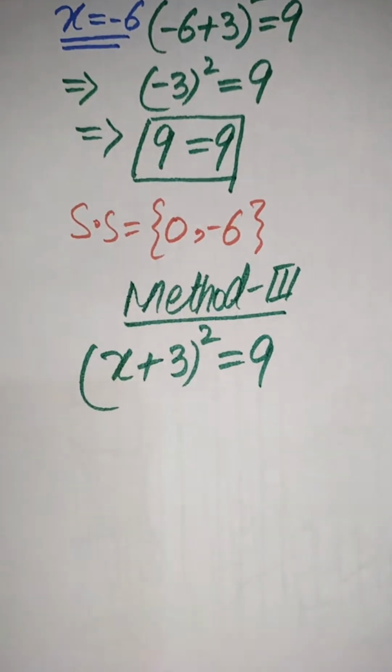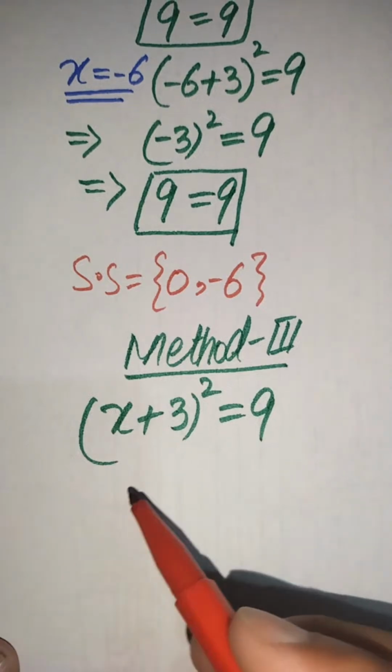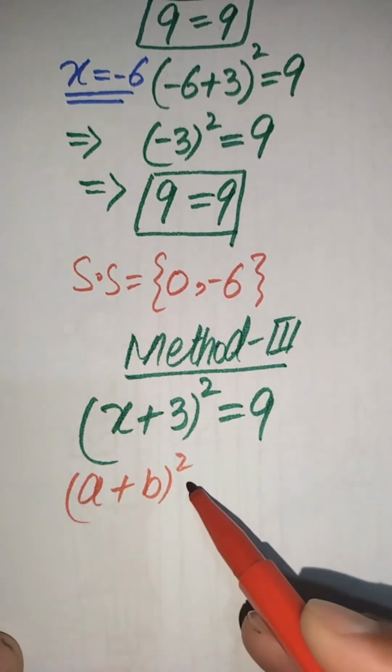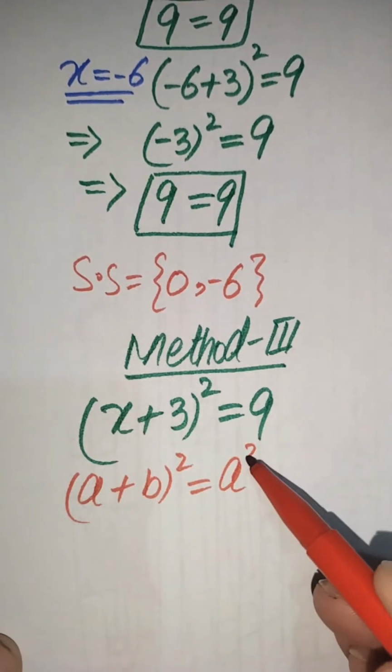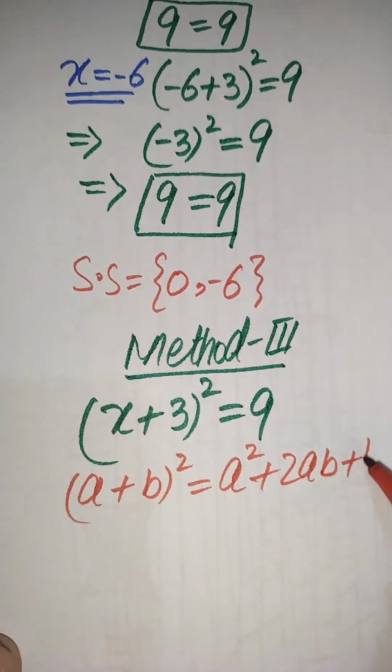In the third method, we use a nice algebraic formula to solve this problem. You know that (a + b)² = a² + 2ab + b².